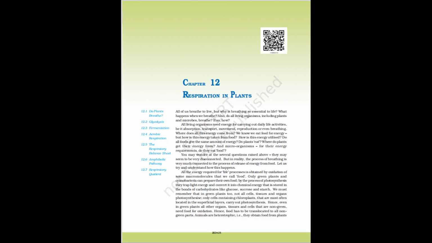Figure 12.1 Steps of glycolysis. Glucose, 6C. ATP. ADP. Glucose 6-phosphate, 6C. Fructose 6-phosphate, 6C. ATP. ADP. Fructose 1,6-bisphosphate, 6C. Triose phosphate, glyceraldehyde 3-phosphate, 3C. Triose phosphate, dihydroxyacetone phosphate, 3C. NAD+.